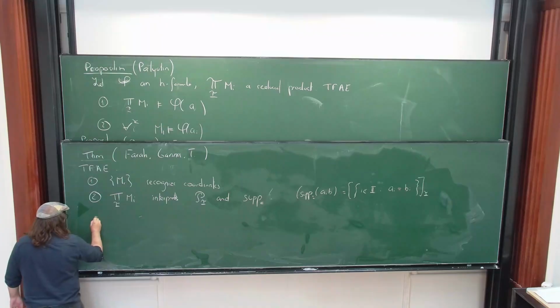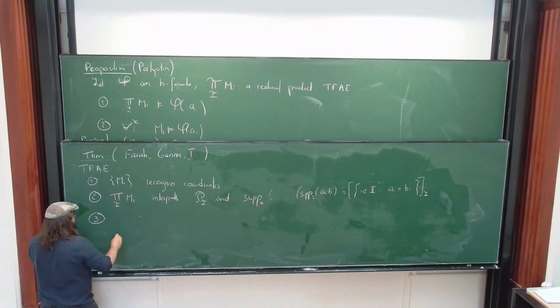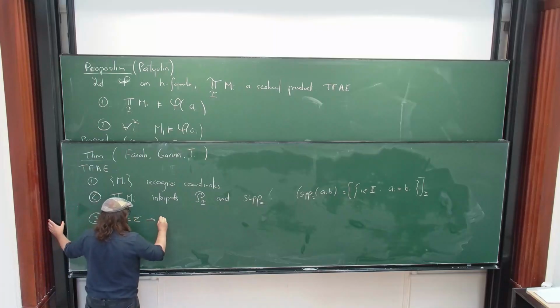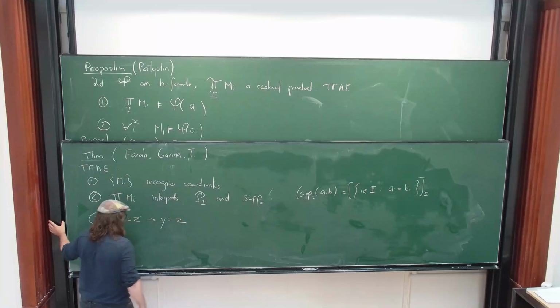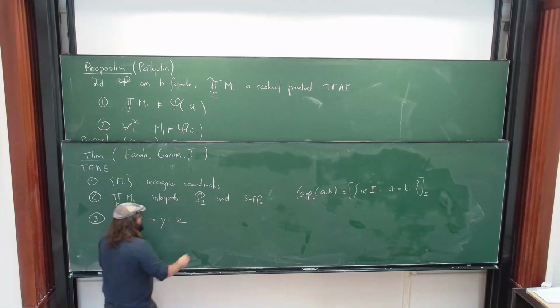And three, say the following: x equals z, implying y equals z, if x equals z and y equals z, is an H formula.